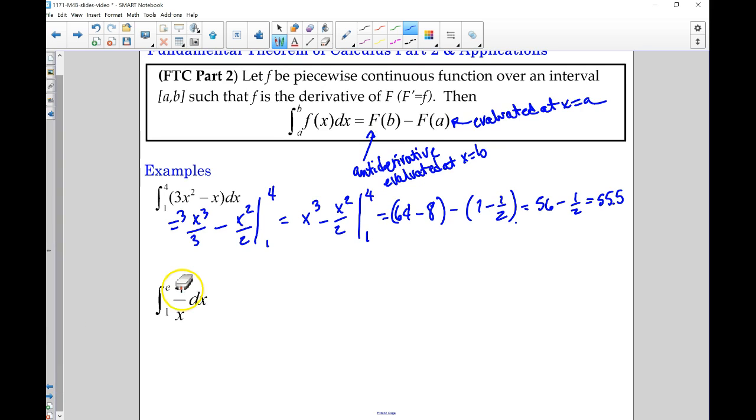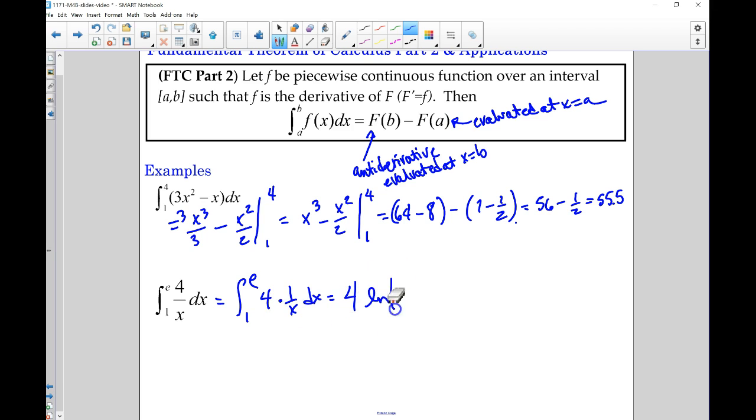The next one, the integral of 4 over x dx, well, let's see. This is the same as the integral from 1 to e of 4 times 1 over x dx. So 4 is left alone. The antiderivative of 1 over x is the natural log of the absolute value of x, and I have yet to do the evaluation, so 1 to e.